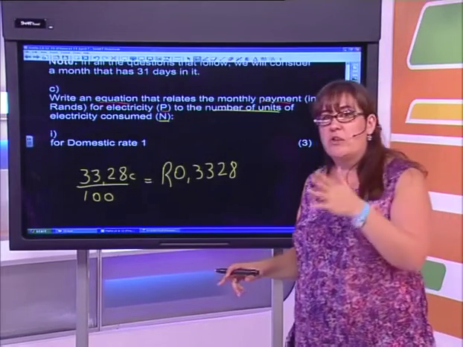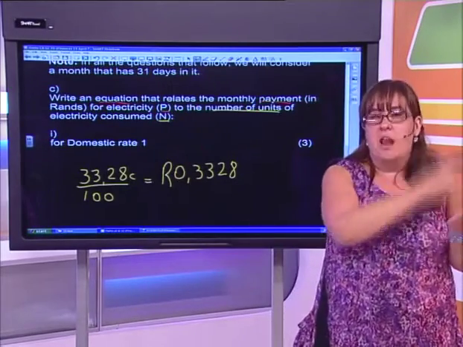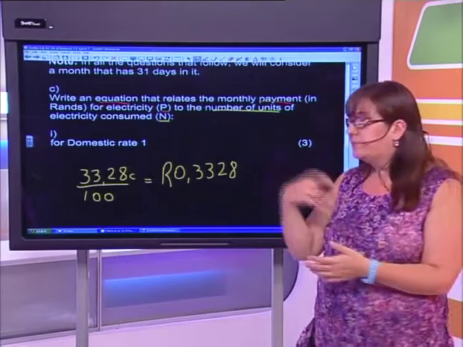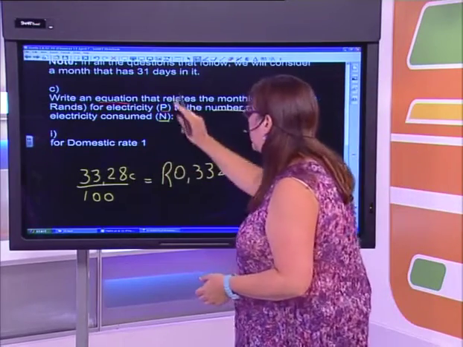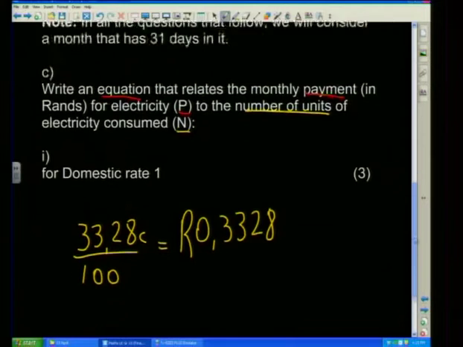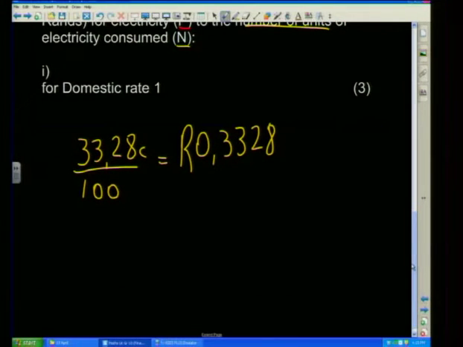So we don't round off until the very, very last step of our calculation. So that's our equation. Now, what do we need for domestic 1? Our P is equal to, we had a fixed cost. So our fixed cost was R1.46 times, and they haven't given us a letter for the number of days, or have they?